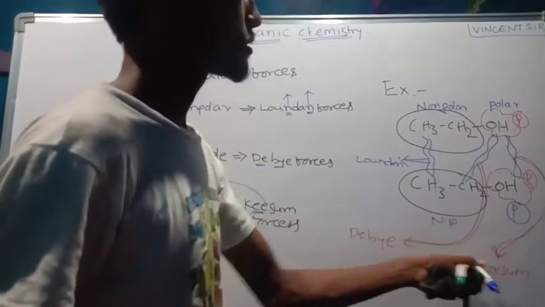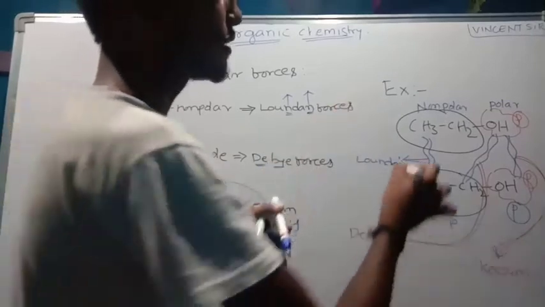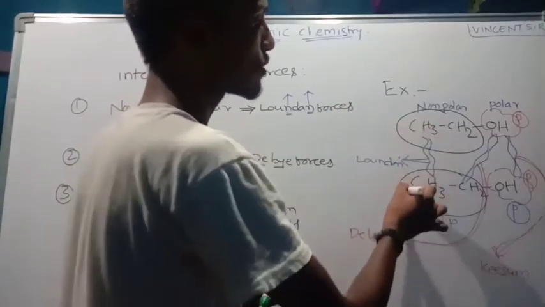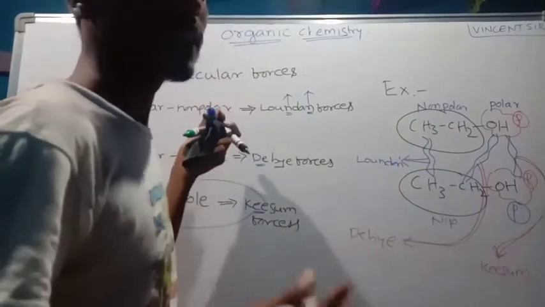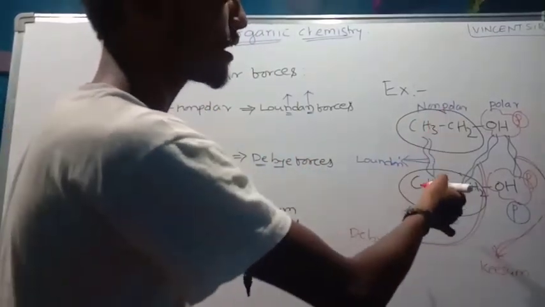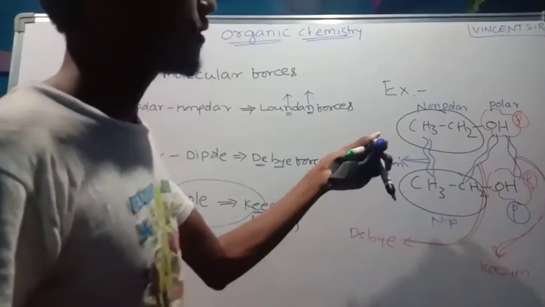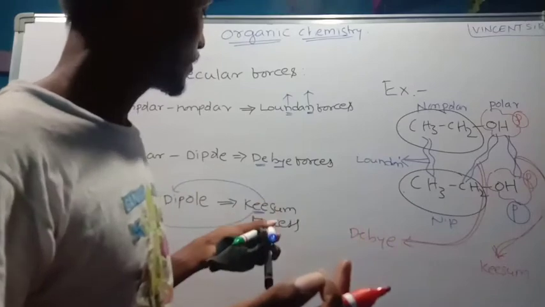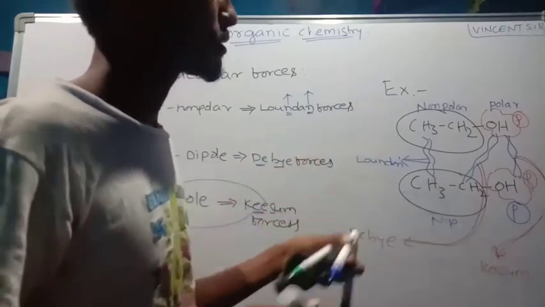Keesom type of forces. So in between these two molecules, intermolecular, there is a presence of three types of interactions, and those interactions are called van der Waals forces. Van der Waals forces means presence of London, Keesom and Debye type of forces.